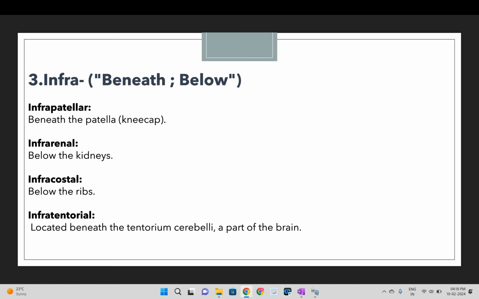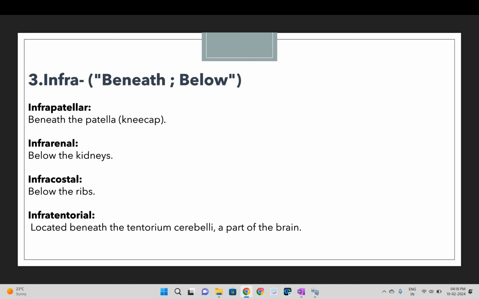So these are all the prefixes with some examples that we can utilize whenever we are designing or understanding medical terminology. Usually we are going to follow the common terminology, which is universal all across the world. So in that case, we should know what these prefixes are indicating.